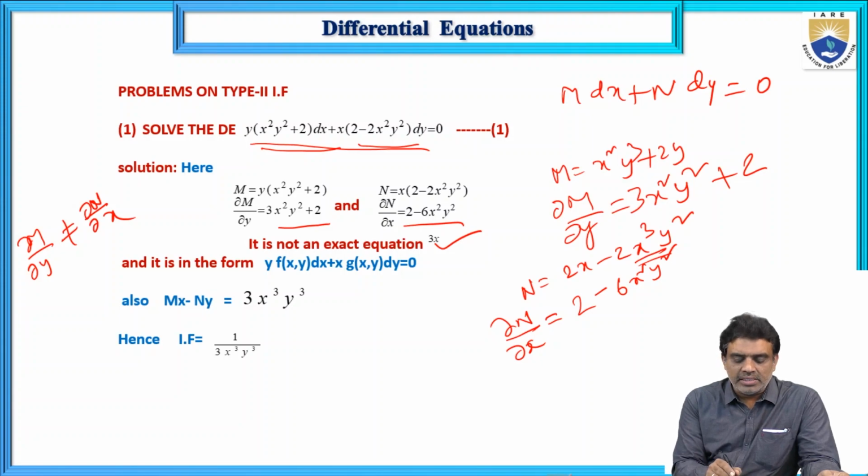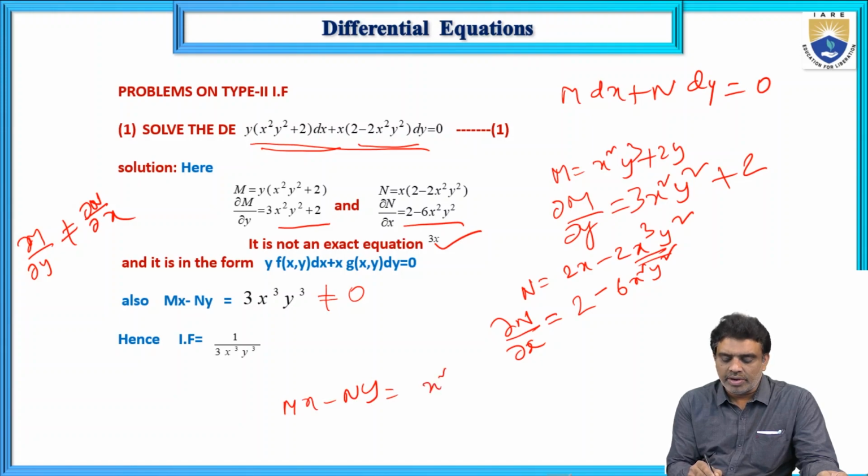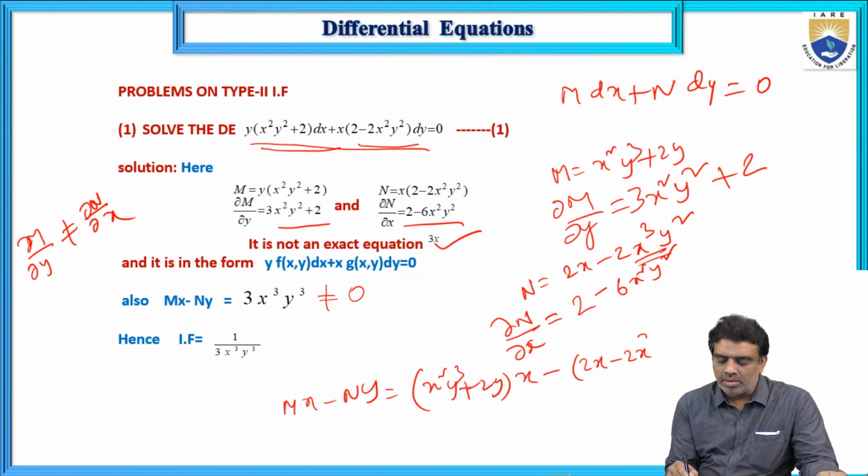Mx minus Ny is 3x cubed y cubed, which is also not equal to 0. You can find Mx minus Ny easily: M is x squared y cubed plus 2y, into x, minus the N value, which we already have, times y.